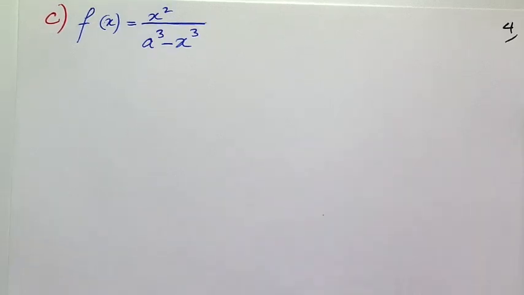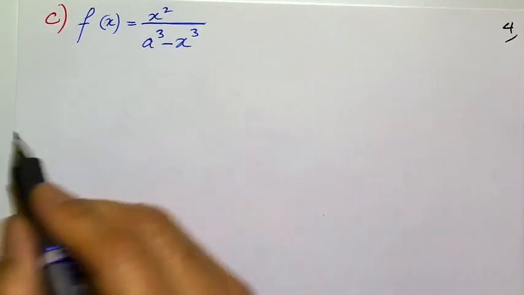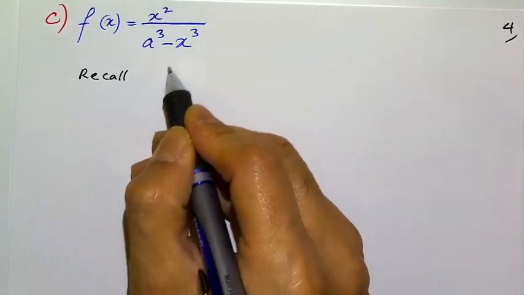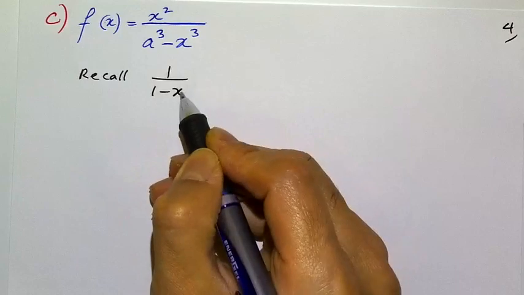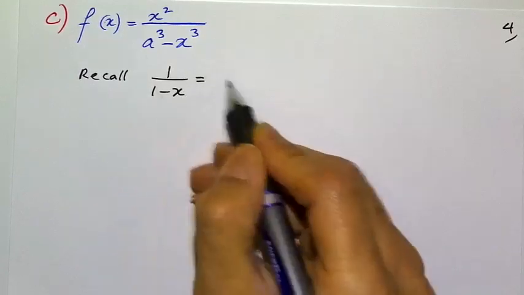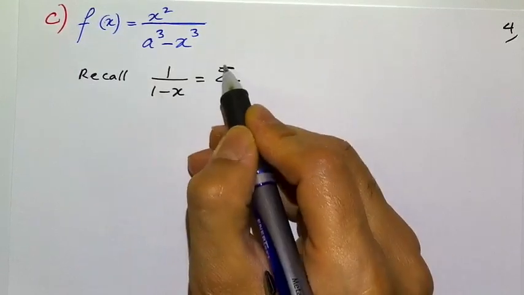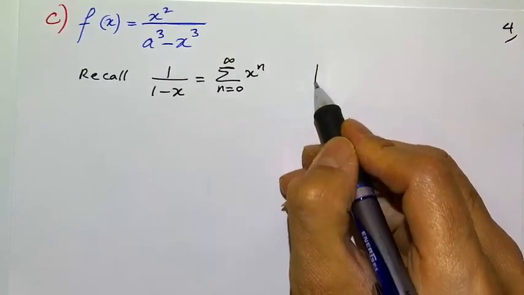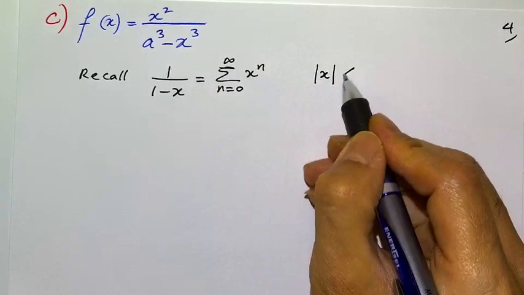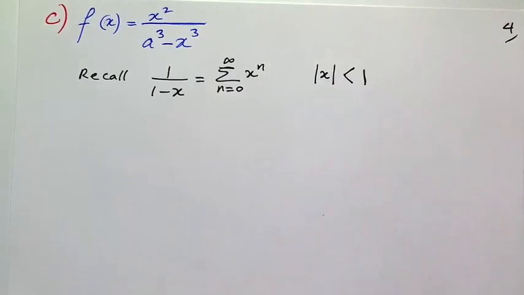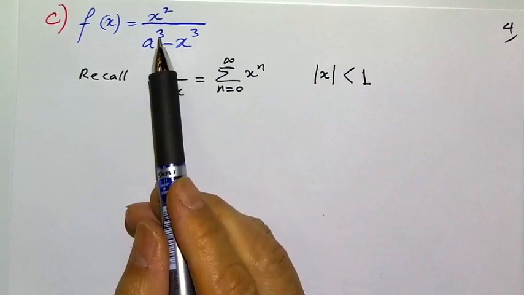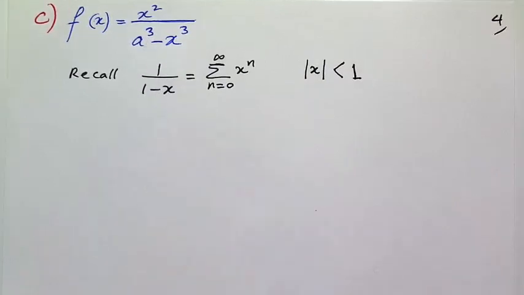Okay, so once again, recall that 1 over 1 minus x is a function that is represented by this power series, which converges as absolute value of x is less than 1. Okay. Now let's try to put this in this form.